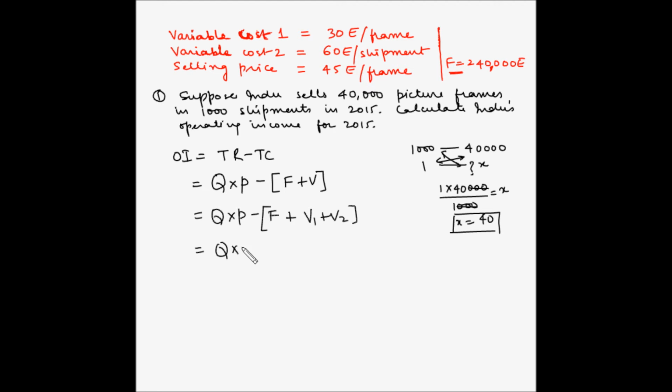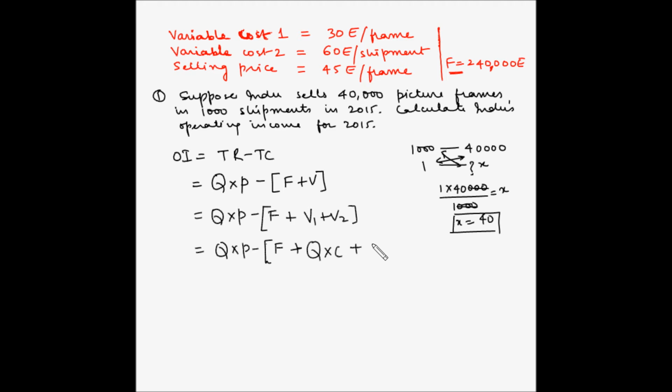Now this is Q multiplied by P minus F plus, now V1, let's consider V1 as the cost of buying each frame. So this total variable cost V1 will be equal to the multiplication of the quantity that is being sold and therefore is also being bought, multiplied by the unit variable cost, plus V2, which is the cost per shipment.